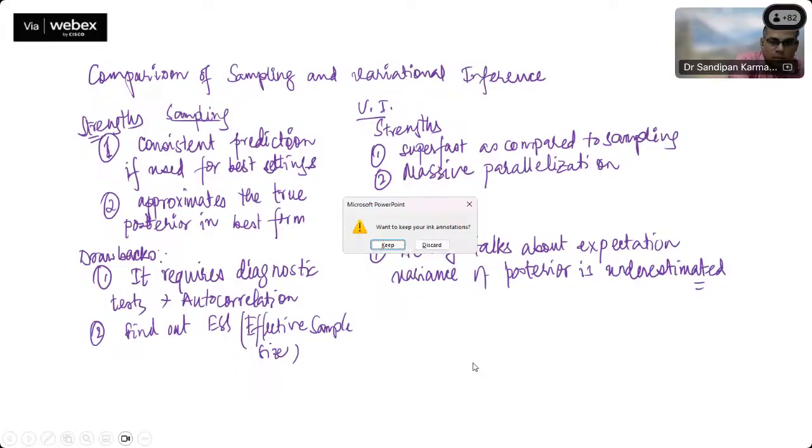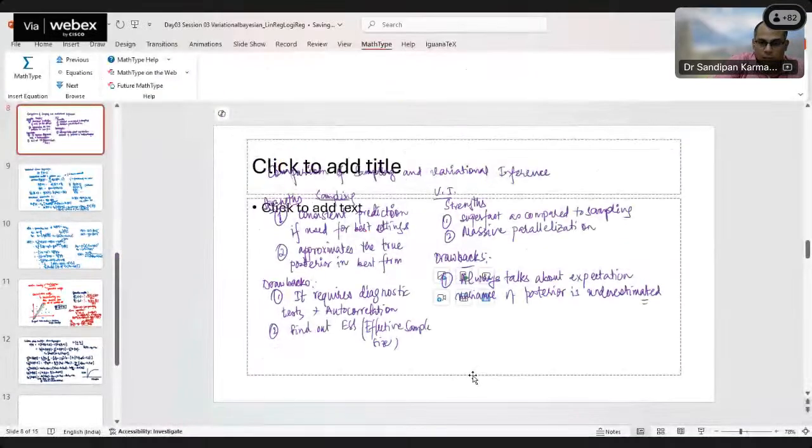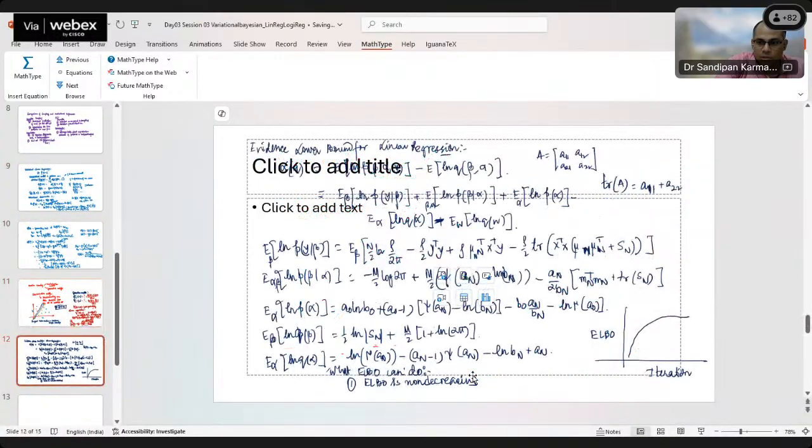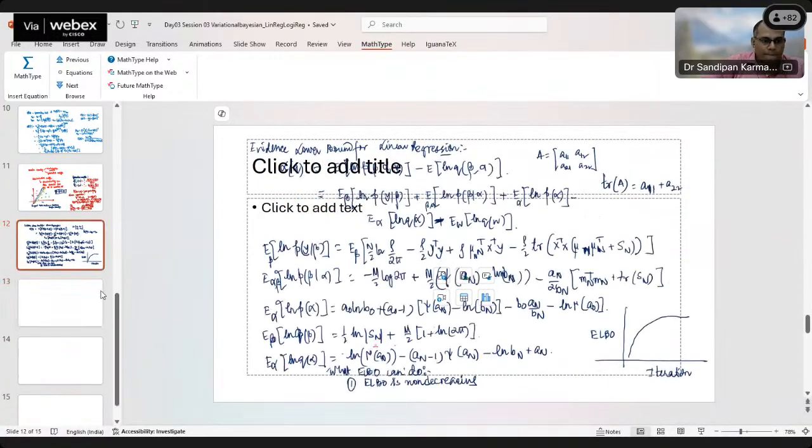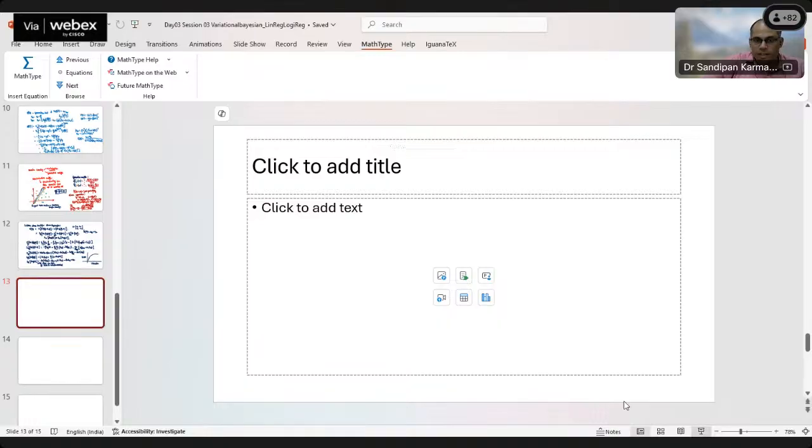Let me save it first, then I'll go into the next. So after this, variational logistic regression.